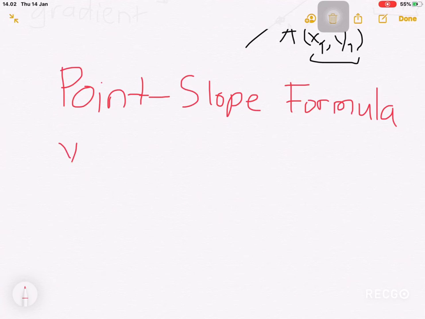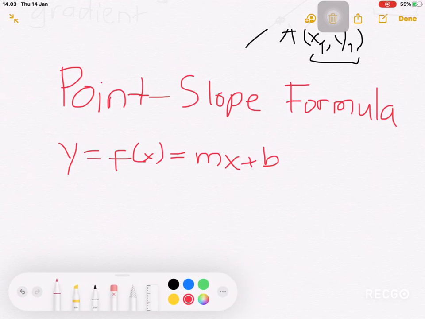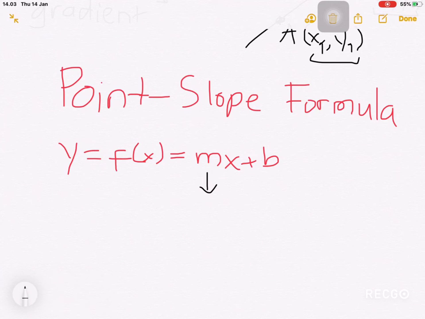So the equation is as follows. We have y, or you can call this f of x, equal to mx plus b, where m is the gradient and b is the y-intercept.